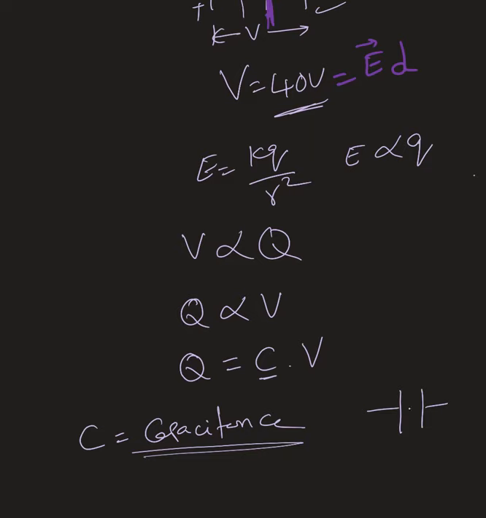When the manufacturer made this capacitor, the capacitance value is fixed. It is independent of how much voltage you are applying and how much charge it can store. The manufacturer is going to define the capacitance value and voltage value. So C is independent of Q and V.